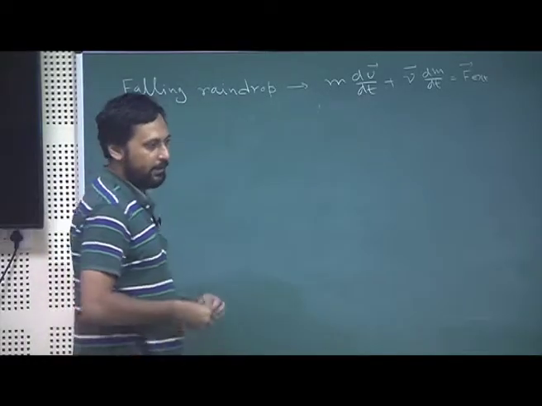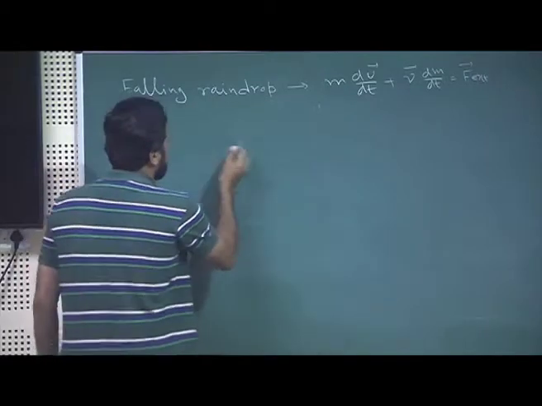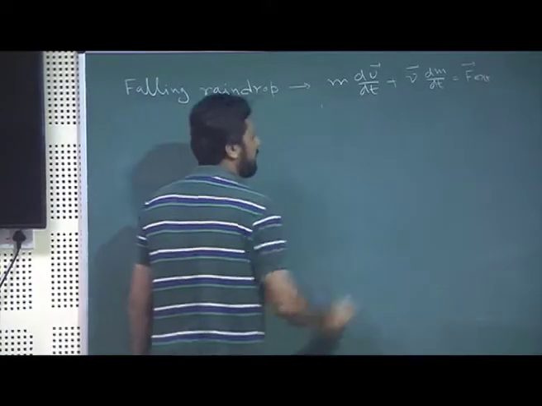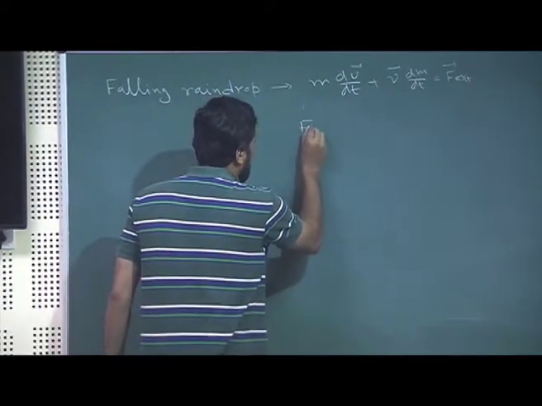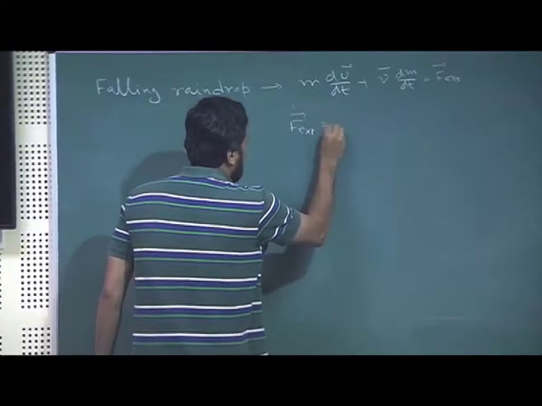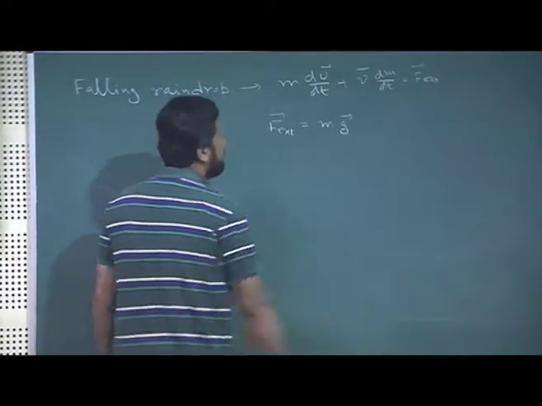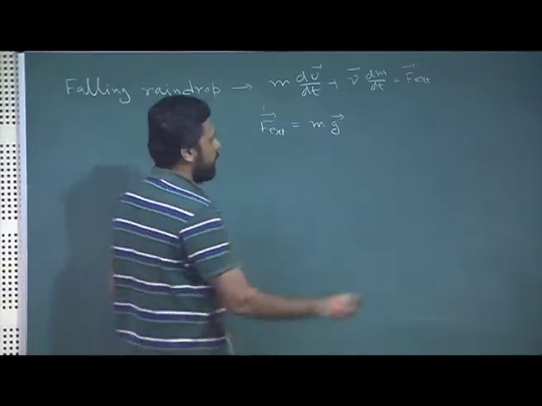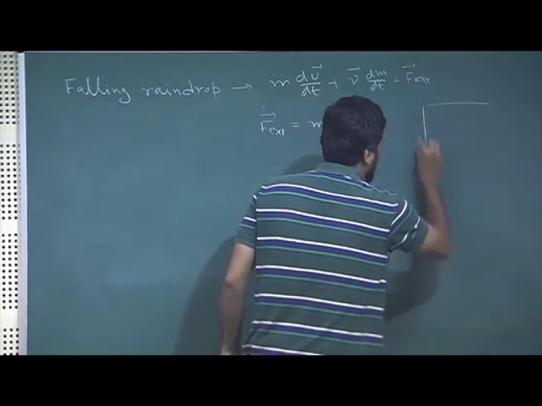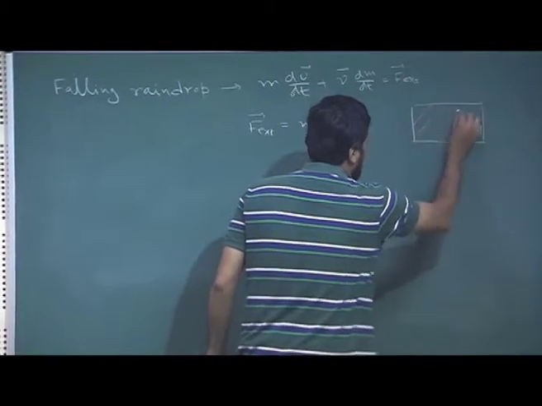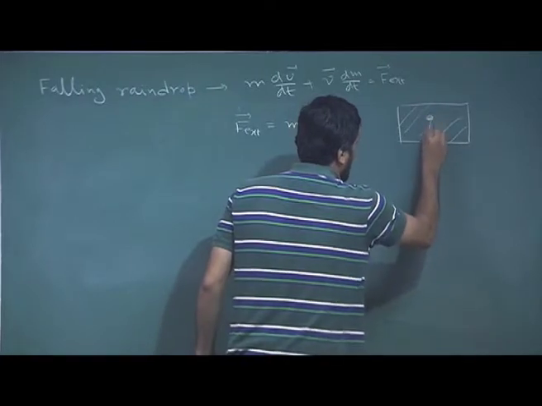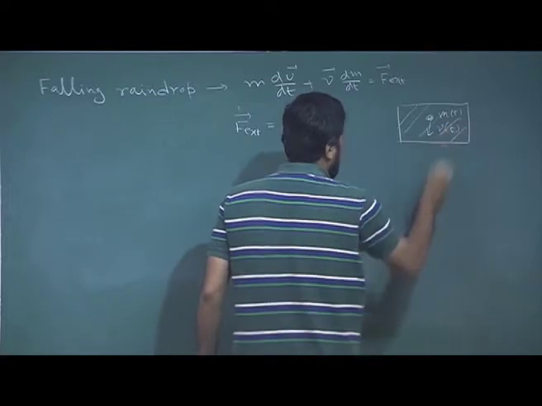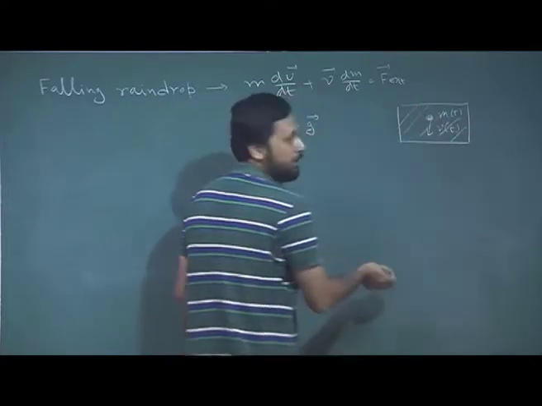In order to do that, let us first construct the equation of motion. We know that for a raindrop m dv/dt plus v dm/dt is equal to F external, and here the F external is mg. Once again we have to understand this, we have this stationary cloud, the raindrop is falling with a mass m(t) and a velocity v(t). Now, where is our origin here?